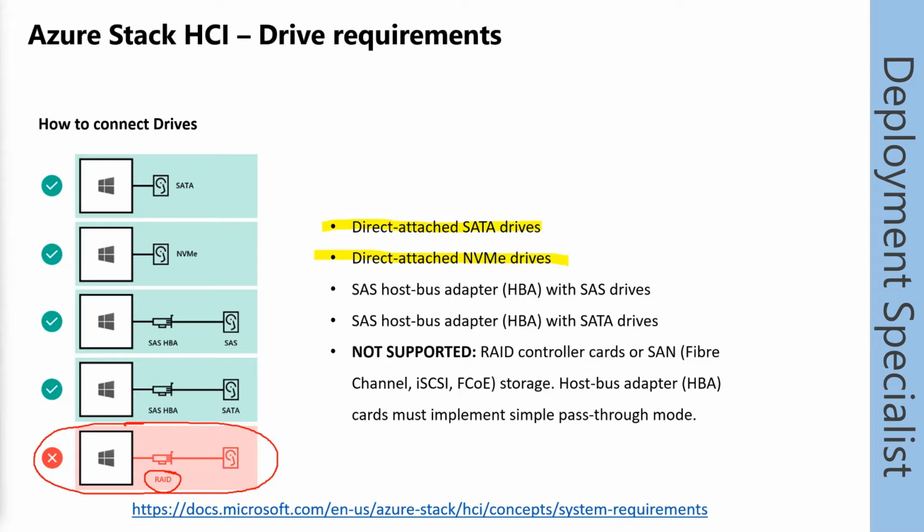So you always need direct access to your drives, and this can be provided via direct attached serial ATA drives, NVMe drives. For sure, we can use SAS host bus adapters for SAS drives. We can use host bus adapters for SATA drives. No RAID controllers. What's also important, as soon as you configure Storage Spaces Direct on an Azure Stack HCI host, there can be no longer any Fibre Channel, iSCSI or Fibre Channel over Ethernet configurations.